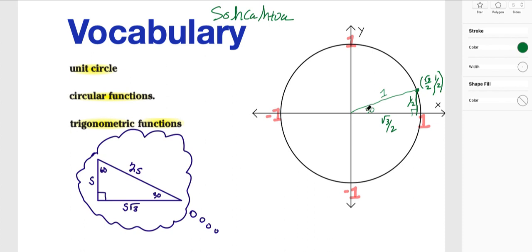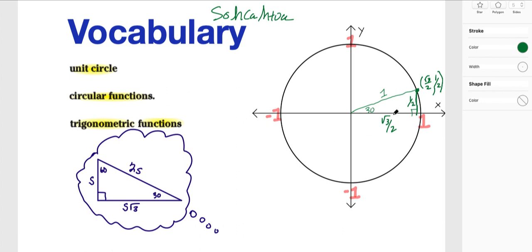Well, I know that the opposite over hypotenuse is just going to be 1/2. In fact, the sine of 30 degrees is going to be 1/2 over 1, and the cosine of 30 degrees is going to be square root of 3 over 2 over 1. Therefore, it's just going to be square root of 3 over 2.